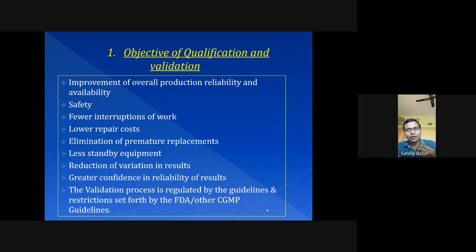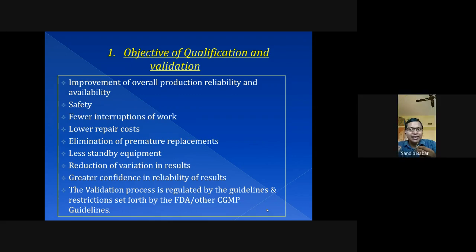Fourth one is lower repair cost. Suppose before introduction of any equipment, any system into your process or product, you check that equipment is reliable for the proper use, then it will avoid the maintenance, preventive maintenance, breakdown maintenance during actual run of the system.